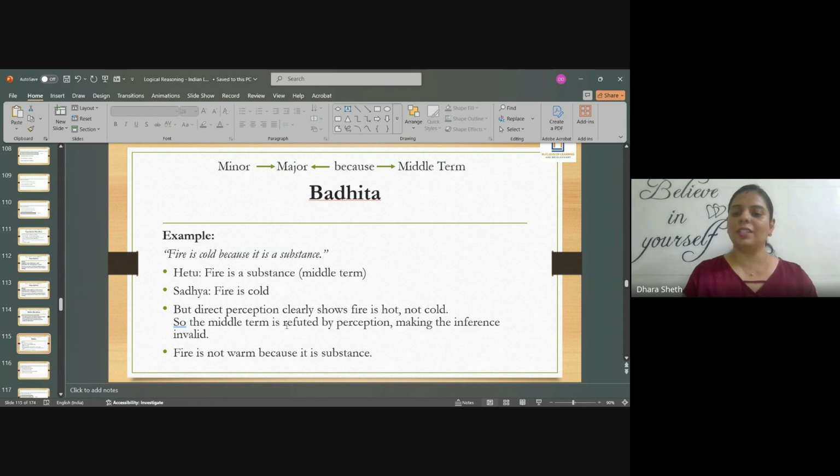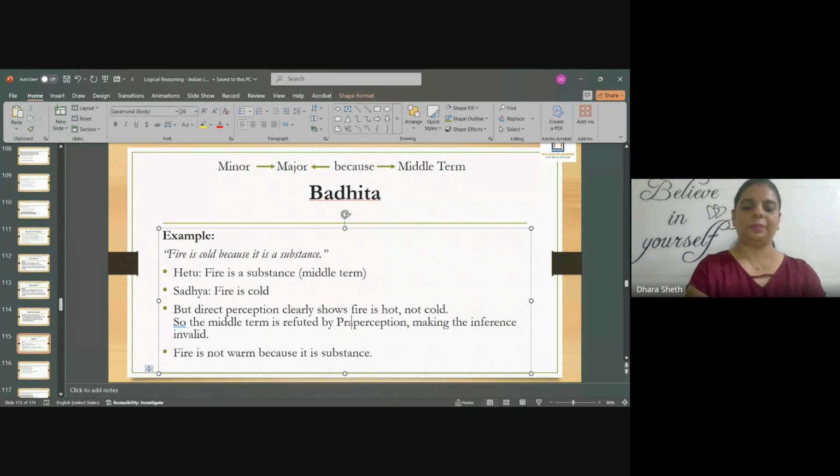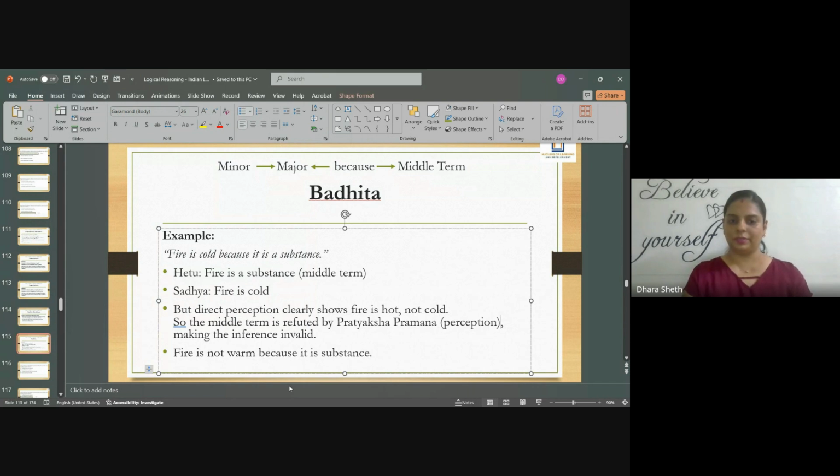So the middle term is refuted by another stronger pramana, that is pratyaksha pramana or perception. So it is not refuted by inference, but it is refuted by a stronger pramana.